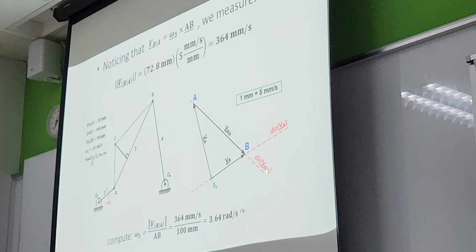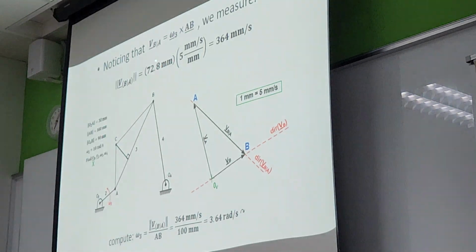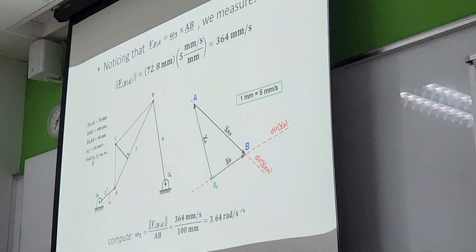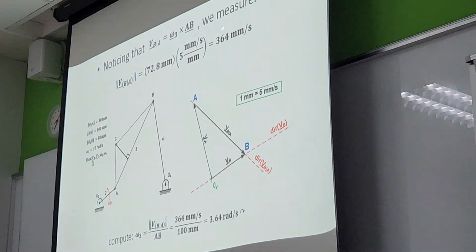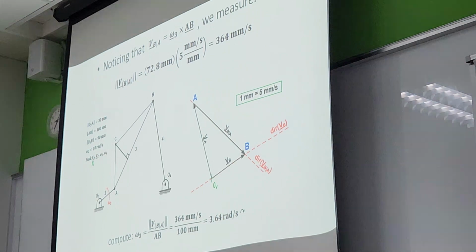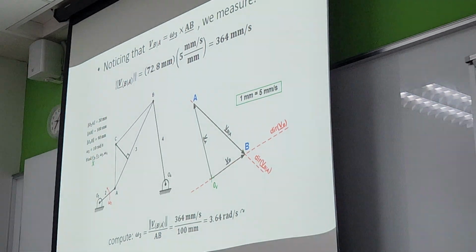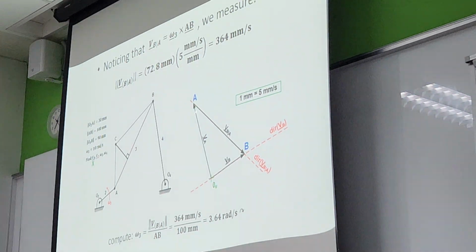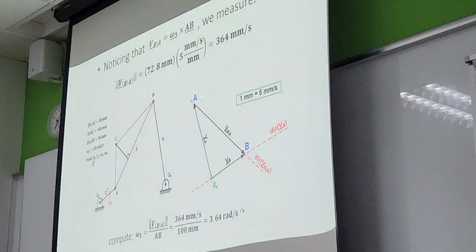Now you measure the magnitude of VBA, then multiply with the scale factor, and then you know the magnitude of velocity B to A. If you want, you can also find the orientation, the direction, of velocity B to A. Fix a local coordinate axis here, x, y, and with respect to that you can measure velocity B to A.